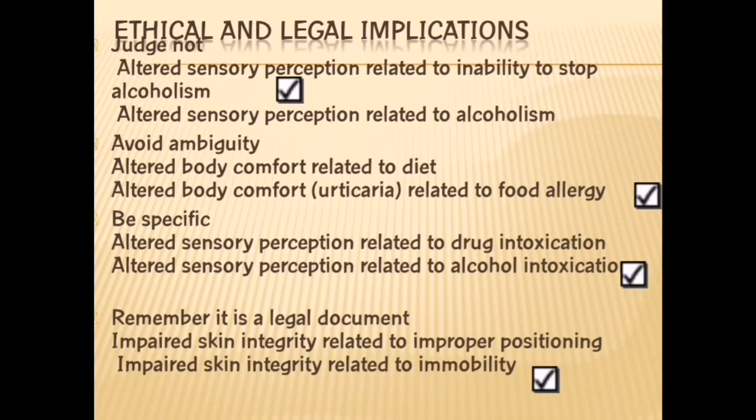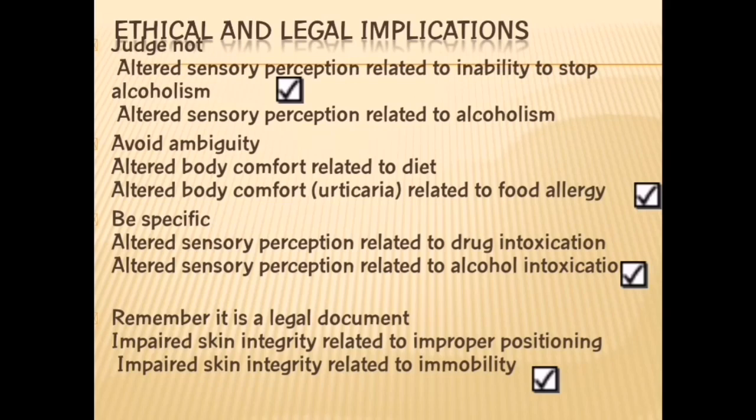You are caring for the patient. You are supposed to position the patient properly. You did positions in nursing in the classroom and you practiced. So when the patient comes to the ward and you don't position very well and you allow the patient to lie anyhow and the patient develops impaired skin integrity, what are you saying?